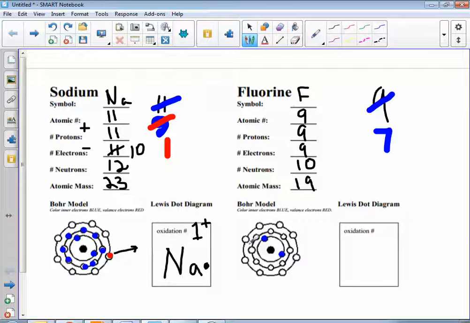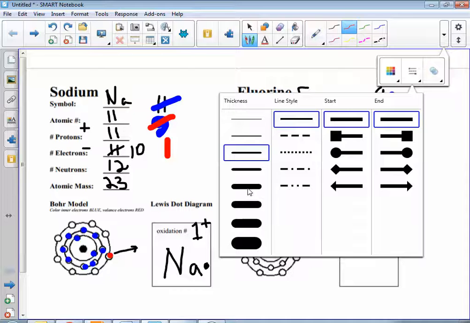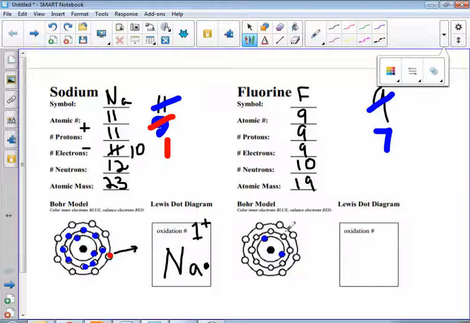Now, I can fit 8 in the second shell, can't I? But I've only got 7 to place. So that means all 7 will fit in the second shell, and they all become valence electrons, which means they are all going to be red. 1, 2, 3, 4, 5, 6, 7.